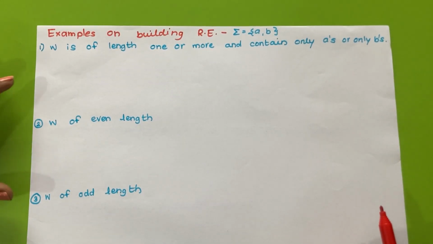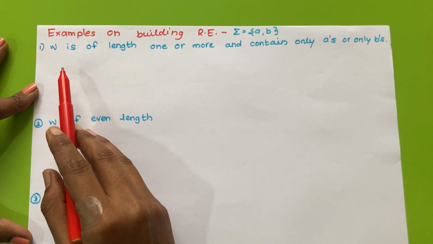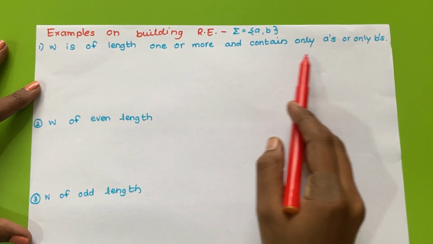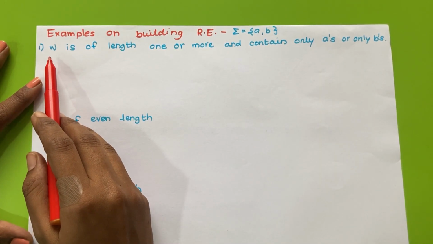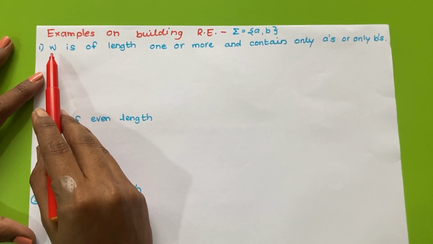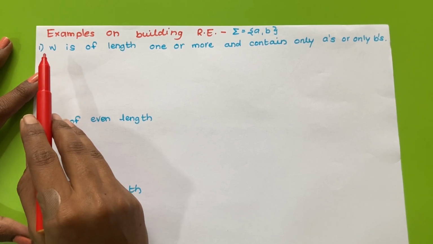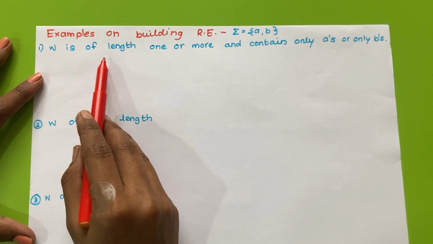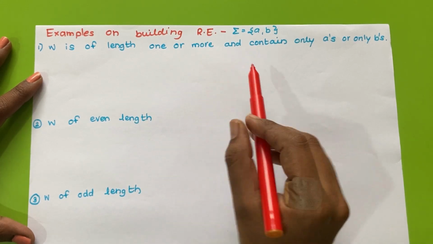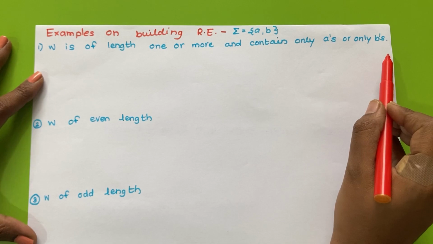Now in this video we are learning how to build a regular expression if we are given a language. Okay, so the first example to be considered is W, which stands for word, or word means strings. The word is of length one or more and contains only A's or only B's.